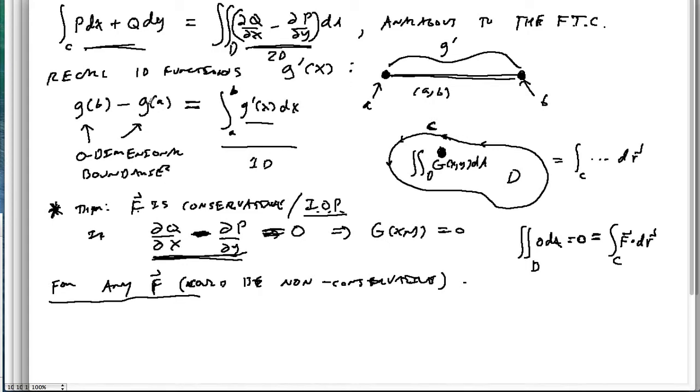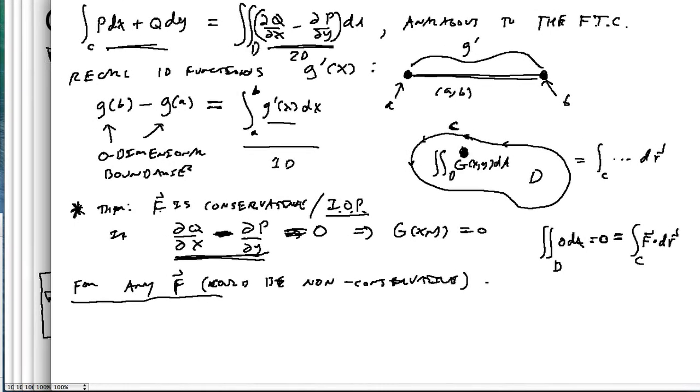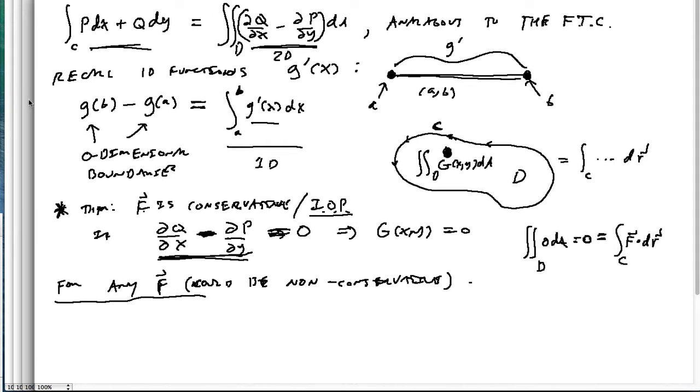So one thing we need to do, I think, is actually prove it. We don't often do proofs in this class, but I think here is a good opportunity to do something like this.